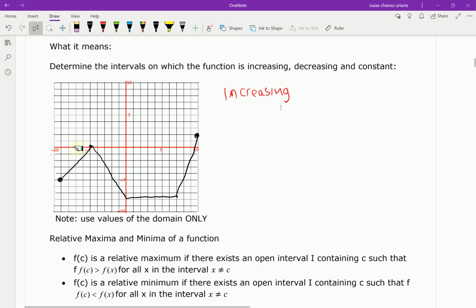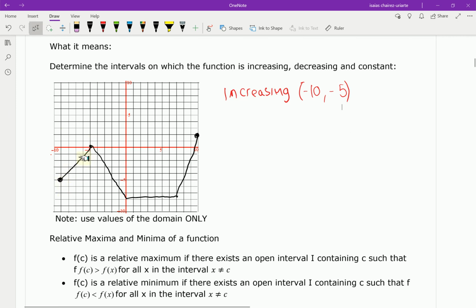So whenever I'm describing these intervals, I'm going to use parentheses for those points where the behavior is unknown. So we said that it's increasing from, I'm going to say, -10 to -5. I'm using parentheses for both because at these endpoints, I don't really know if my function is increasing or decreasing.